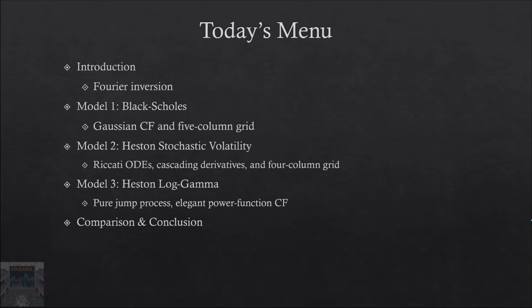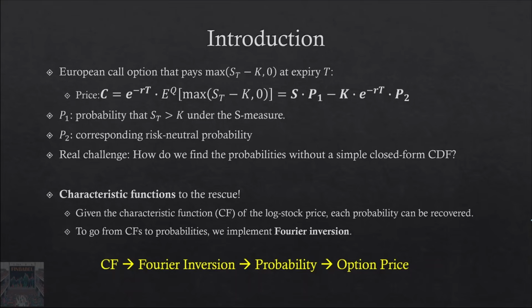Before we jump into the models, let's start from the pricing problem itself. Now, let's remind ourselves how to price an option before we're getting to the more complicated stuff. Now, as shown in the first bullet point, the price of a European call option that pays the maximum of ST minus K and 0 at expiry capital T is equal to the current share price multiplied by P1 minus a discounted strike price multiplied by P2.